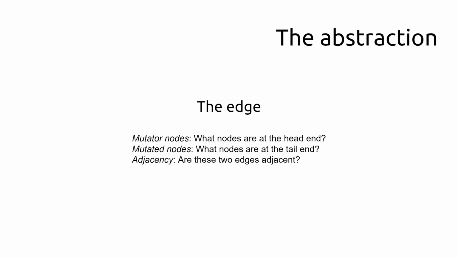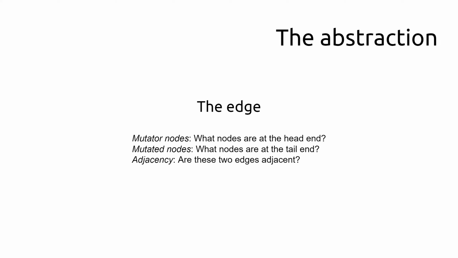So a general view of an edge that would encompass a hyperedge or a temporal network event or a directed event or a directed link would be: one edge would have a set of mutator nodes, a set of nodes that would cause an effect, a set of mutated nodes, the ones that can receive an effect, and the concept of adjacency.